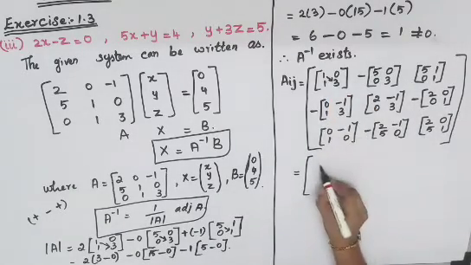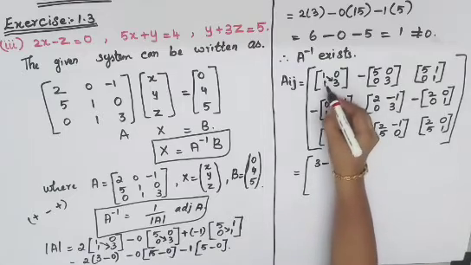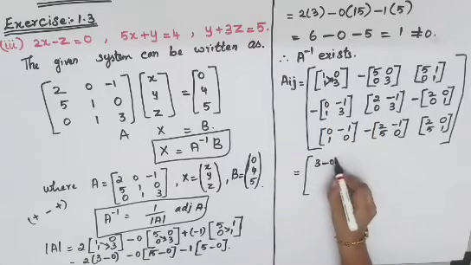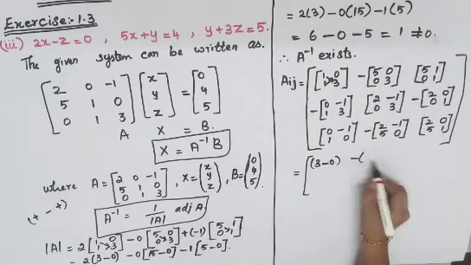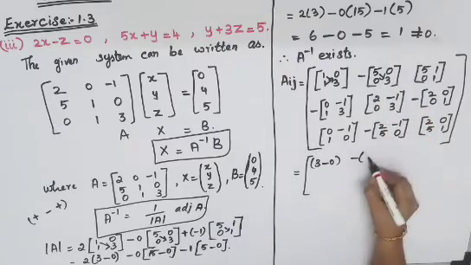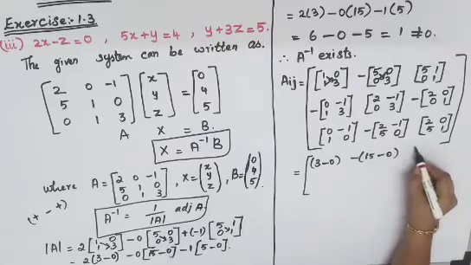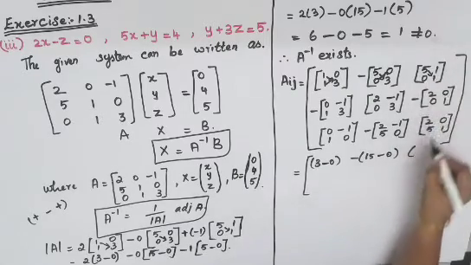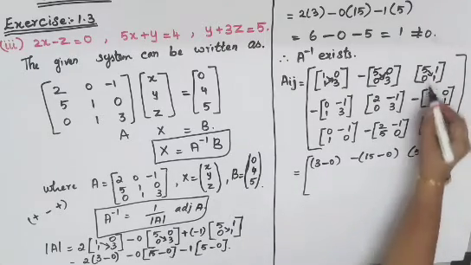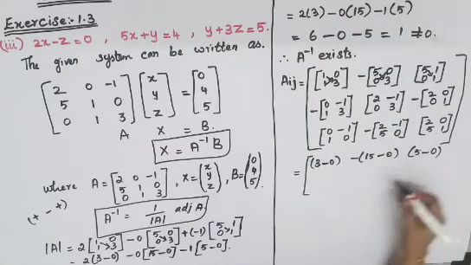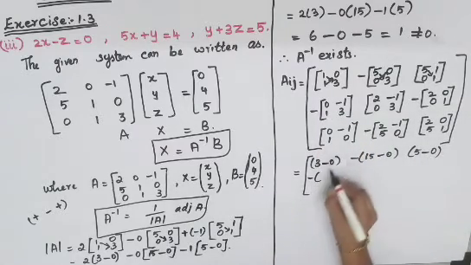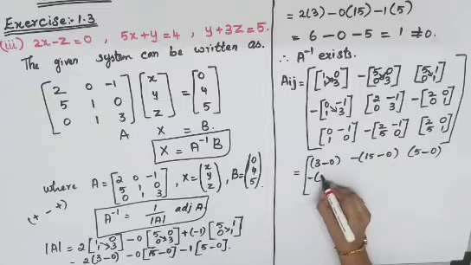1 into 3 is 3 minus 1 into 0, 0. Then minus, open your bracket. 5 3s are 15 minus, this is 0. Then open your bracket. 5 1s are 5 minus 0 1s are 0. Then minus, open your bracket. 0 3s are 0.